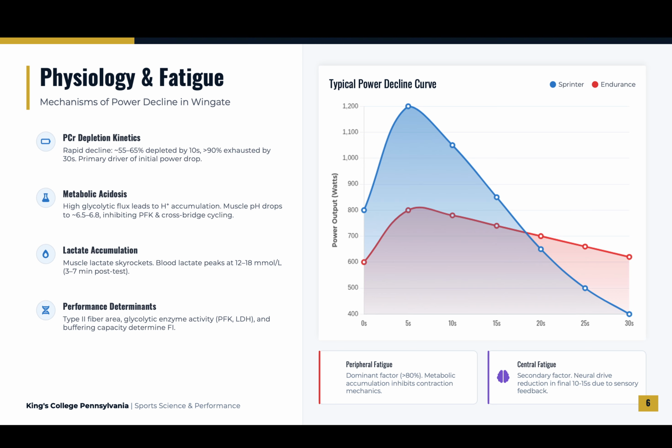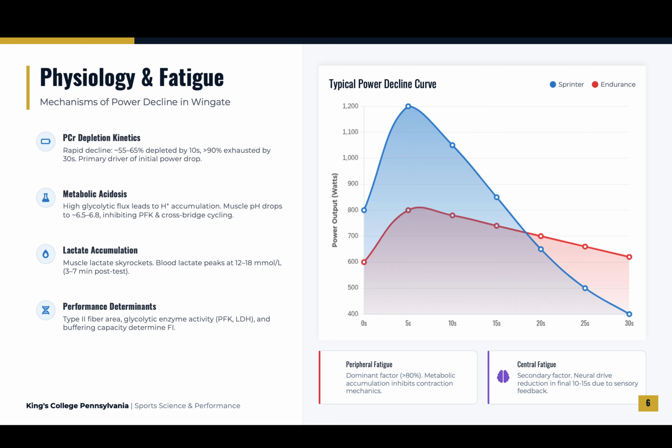The performance determinants are the type 2 fiber area, the glycolytic enzyme activity, the phosphofructokinase and lactate dehydrogenase enzymes, and the buffering capacity that determines the fatigue index.